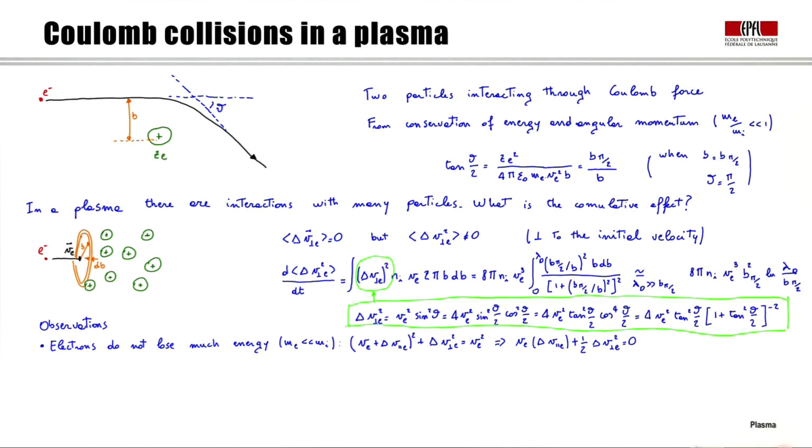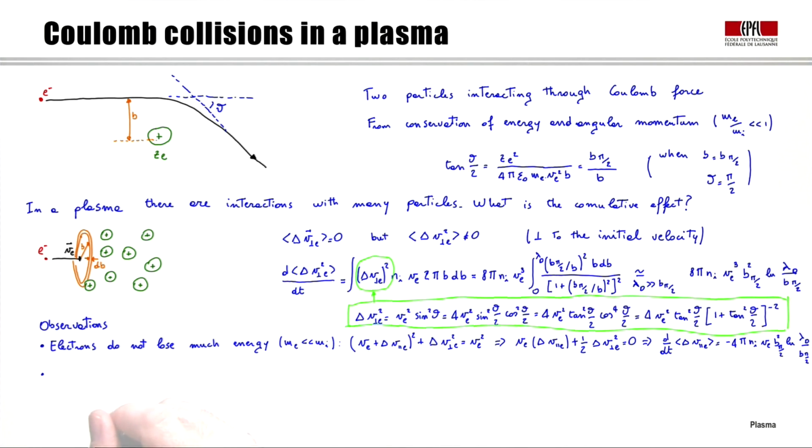From which, by inserting into this expression, we obtain that the time derivative of delta V parallel is equal to minus 4 pi, ion density, electron velocity, b pi over 2 squared, and this logarithm.